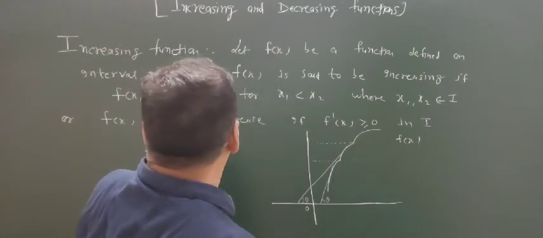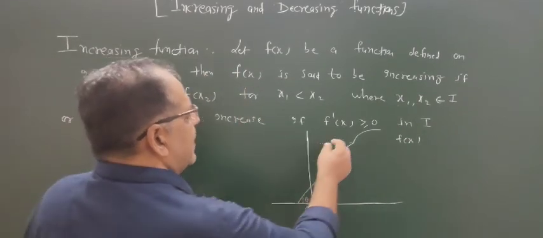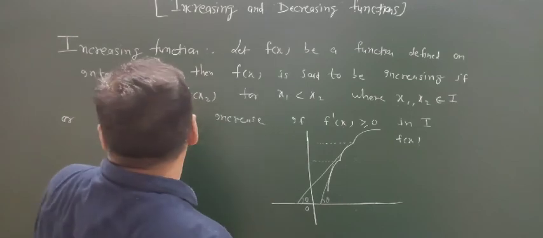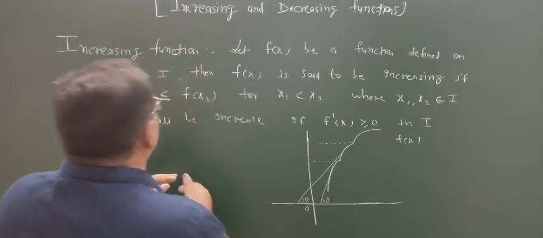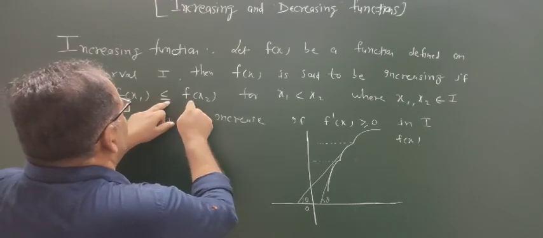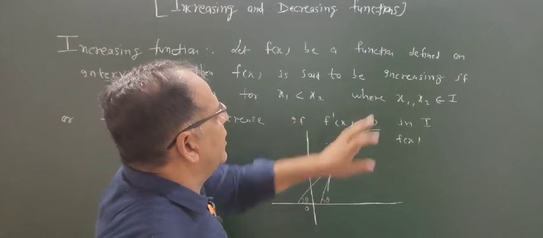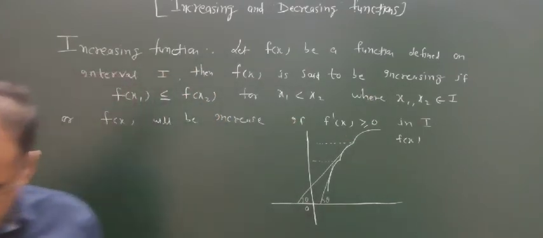Traditionally, f(x1) should be less than or equal to f(x2) for x1 less than x2, where x1 and x2 belong to I.